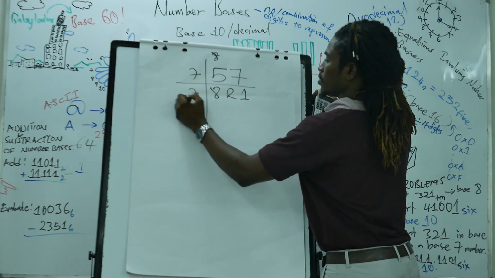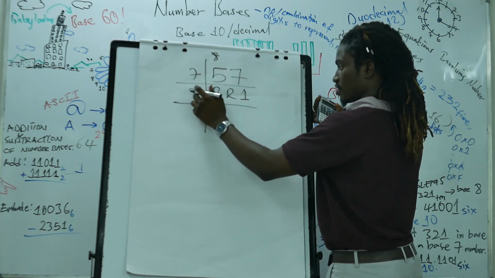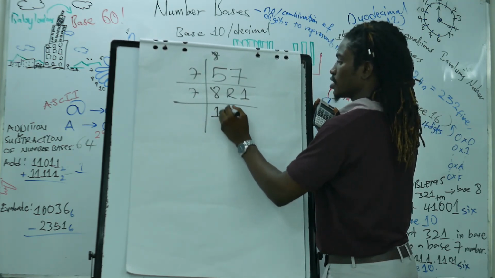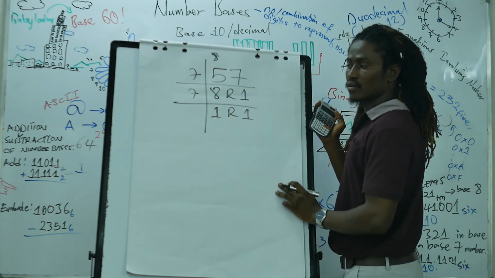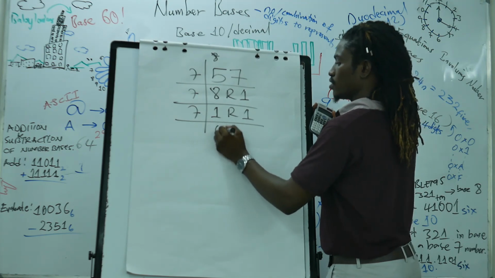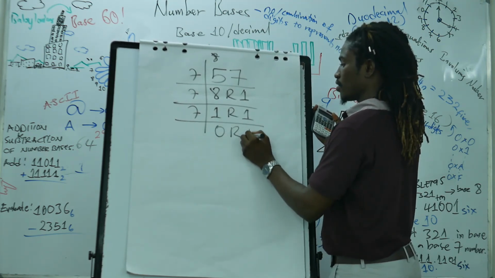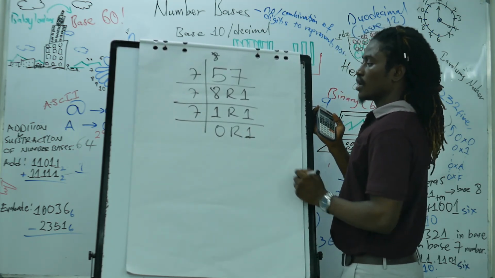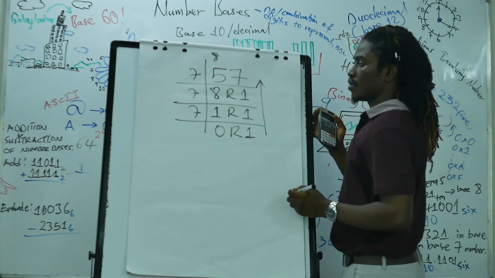We divide again by 7, 7 into 8 is 1 time remainder 1. We divide again by 7, 7 into 1, 0 times, remainder 1. And then we read our answer from the bottom up.